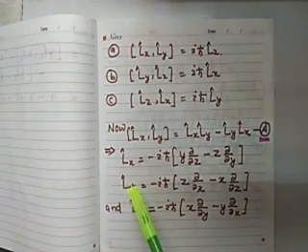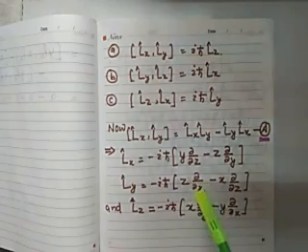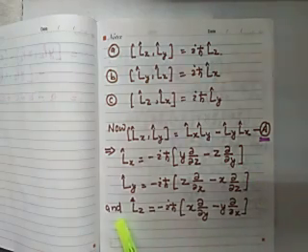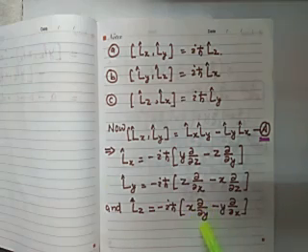Similarly, Ly is equal to minus i h cross z del upon del x minus x del upon del z, and operator Lz is equal to minus i h cross x del upon del y minus y del upon del x.